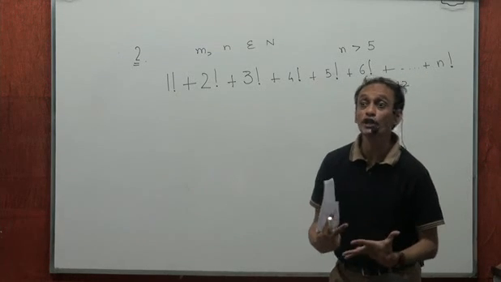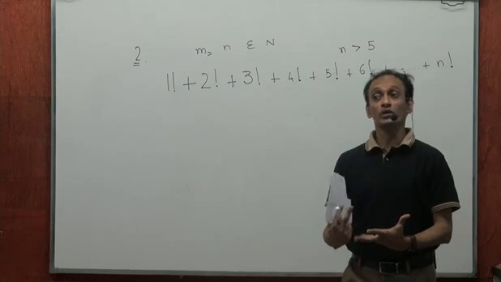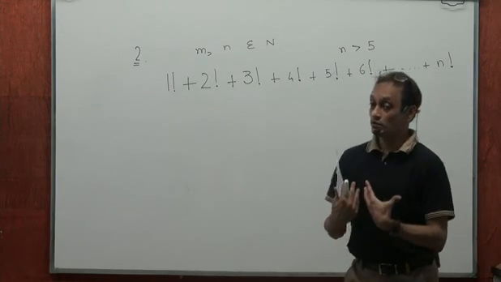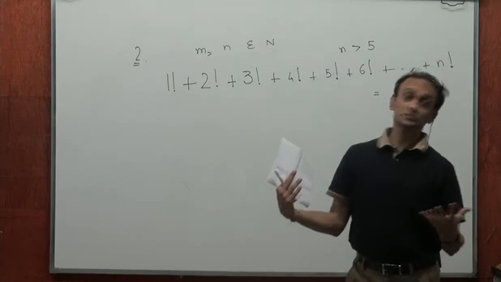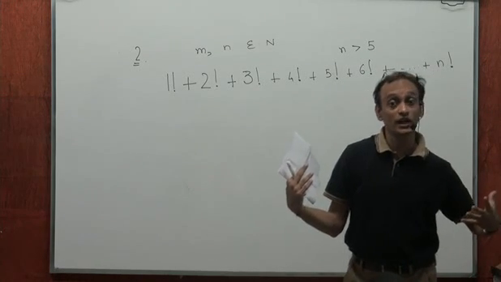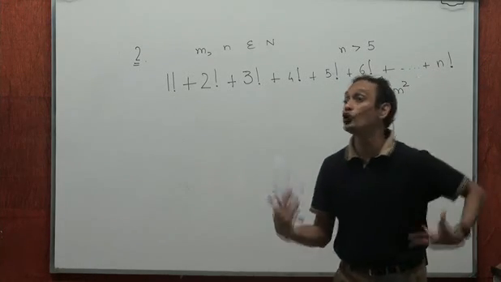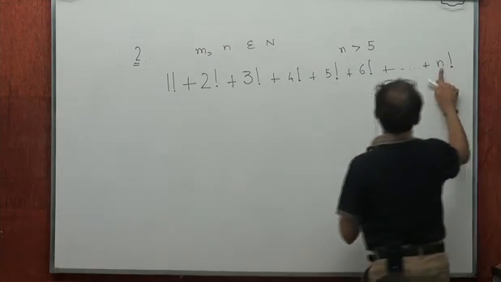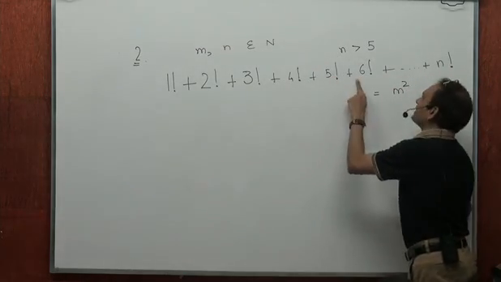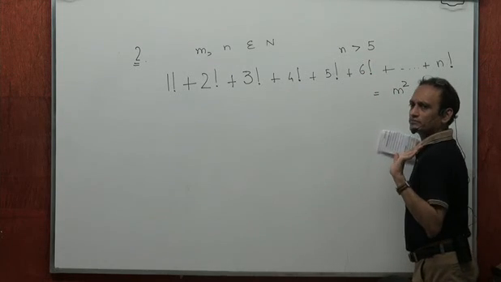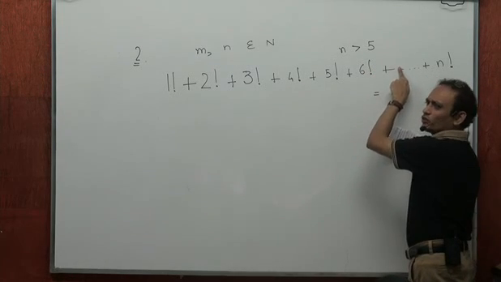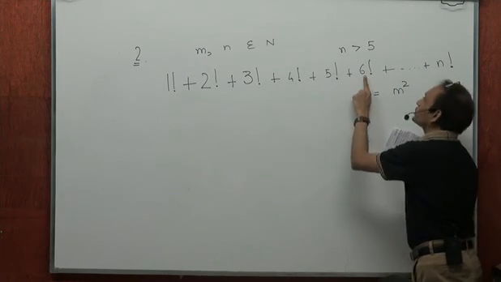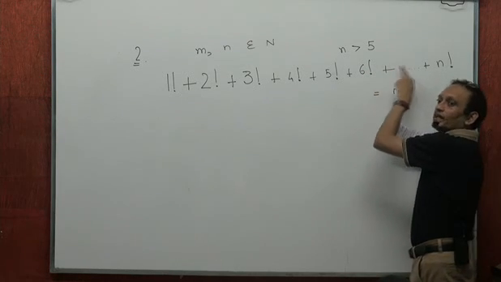It's also important to check whether this is feasible or not, whether m and n will at all subscribe to this condition. If m and n are natural numbers, let's see if they can satisfy it. One thing, n is greater than 5, that means we'll have 5 factorial onwards, all the terms appearing. It could stop at 7 factorial, it could stop at 8 factorial, but for sure n could be 6, n could be 7, n could be 8, and so on.